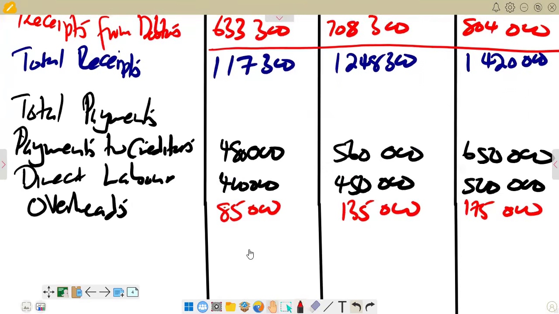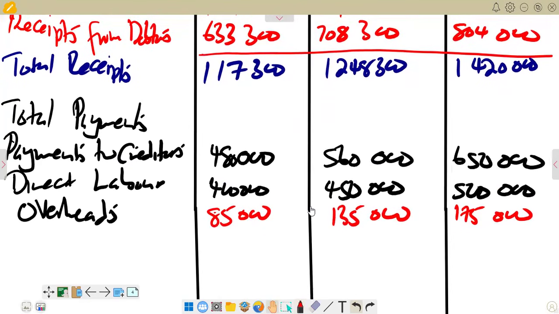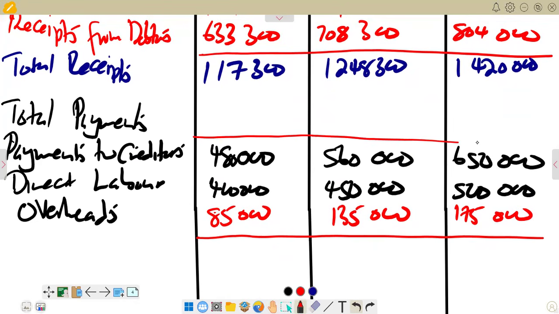Then we add all of them so that we get our total payments. If it's this one plus this one plus this one, the total that we are supposed to get for total payments is 965,000.